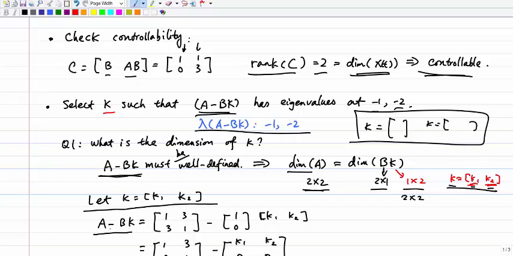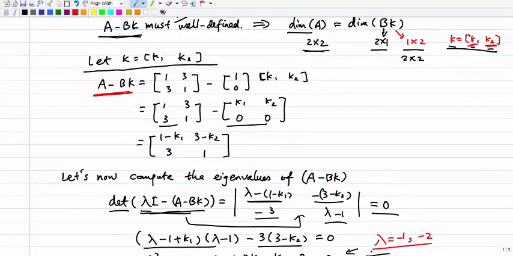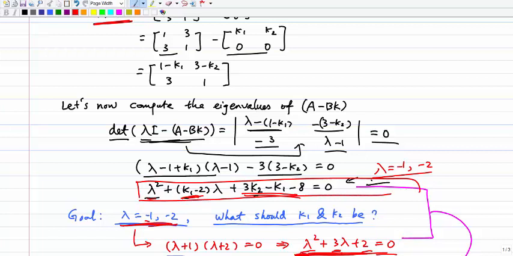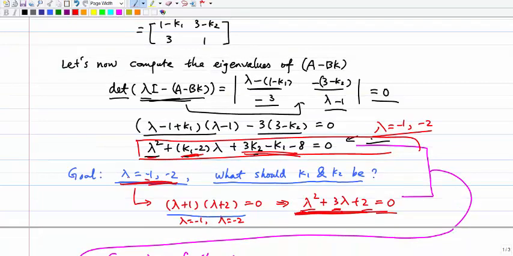Once you do that, you compute A minus BK, and figure out the form of the eigenvalues by using the characteristic equation. Once you figure that out, we should know the goal of assigning the eigenvalues, which means I know what I want to have. So you just build this.